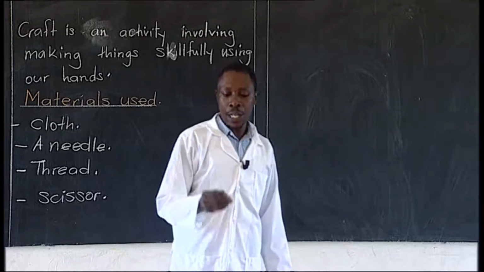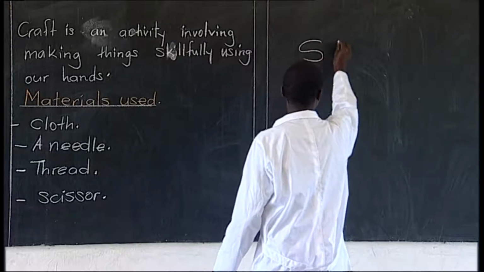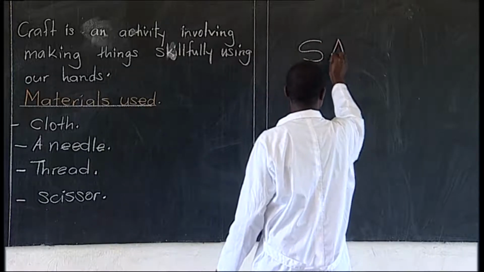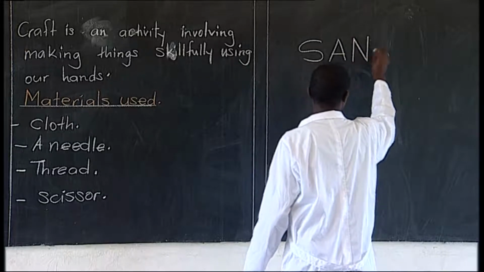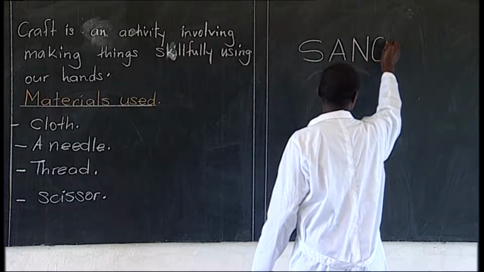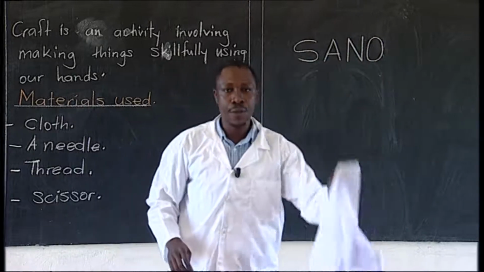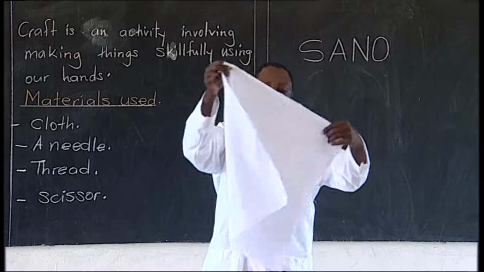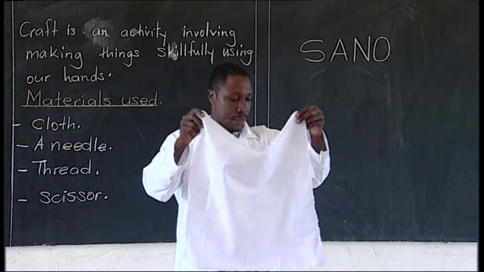You can decide to write the word Sano. This one. You can decide to put this name on your piece of cloth.